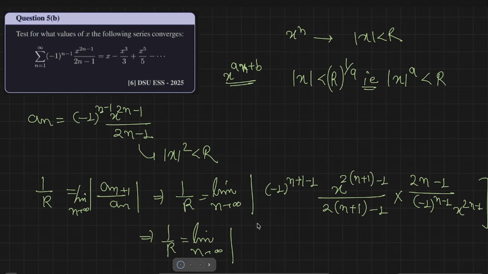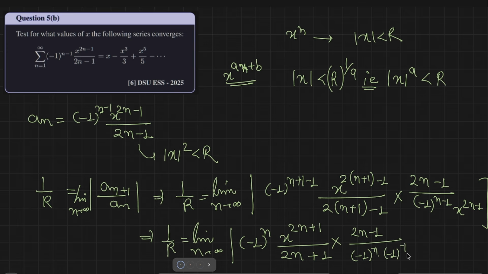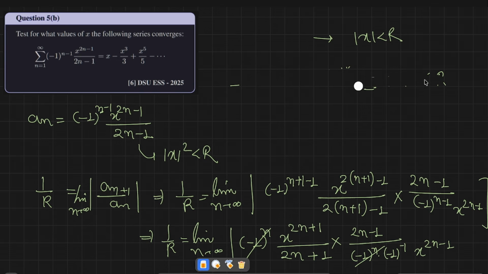Now you see from here it is (-1)^n, and this is basically x^(2n+2-1), which is 2n+1, and the denominator is 2n-1. This will be (-1)^n into (-1)^(-1) x^(2n-1). So from here this and this will get cancelled.